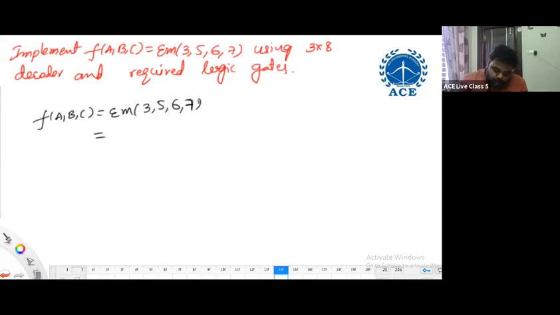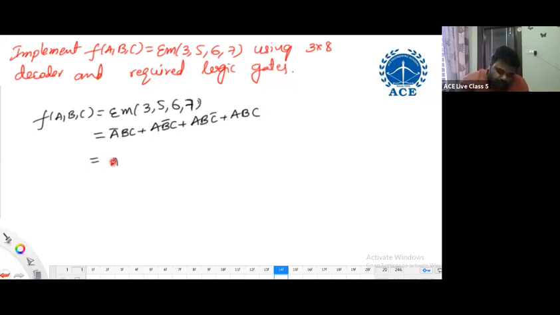Every equation has its own importance. It must be implemented using a decoder. With the decoder, how can it be implemented? That is the question. A bar BC plus A B bar C plus A B C bar plus ABC. And the same I express in another way.